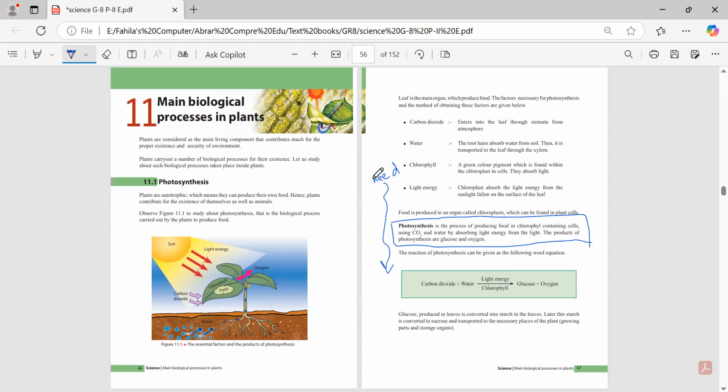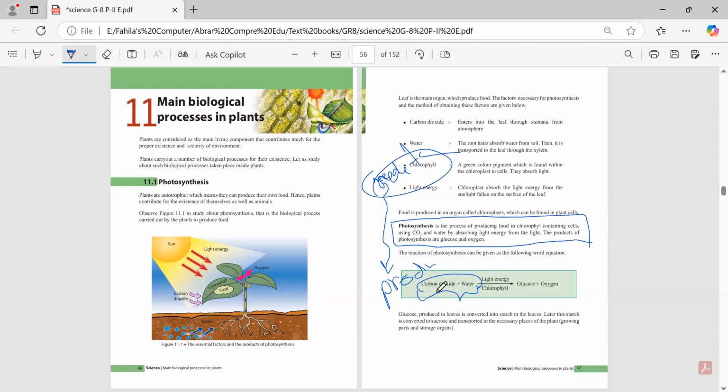Let's tell that it needs what we call the reactants. You know this term reactants, right? So from these reactants there is a certain product that you are going to produce, right? Okay, so when you go through the term photosynthesis, you have certain reactants.